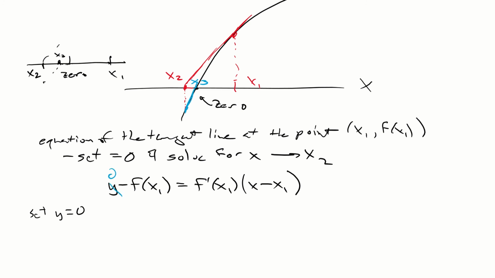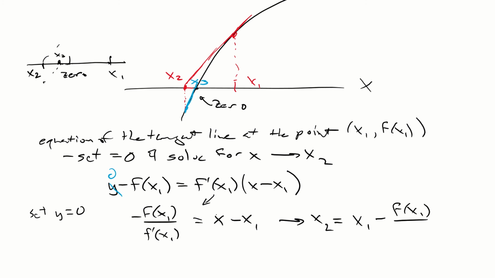Then when you solve, you bring this guy over and divide under f prime. You see, the formula is forming before our very eyes. So we end up with x2 equal to x1 minus f of x1 divided by f prime of x1.